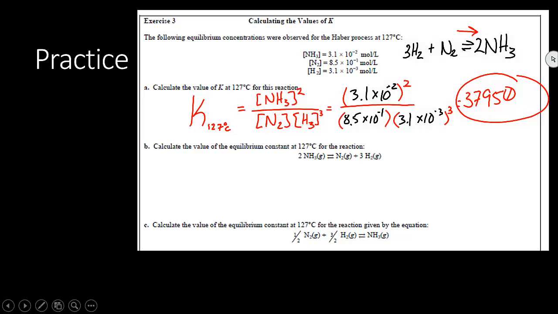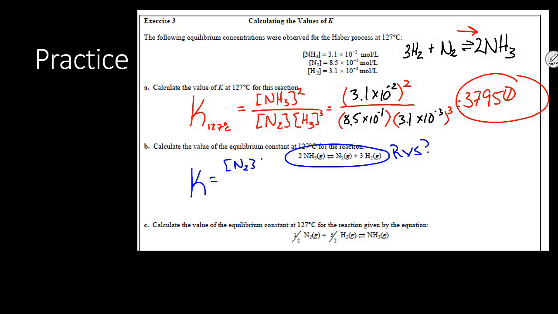Now for question B, we have the same temperature, but the reaction has been reversed. So the reverse reaction would have an equilibrium expression like this. And since the equilibrium concentrations are constant, the values that those variables represent are constant.